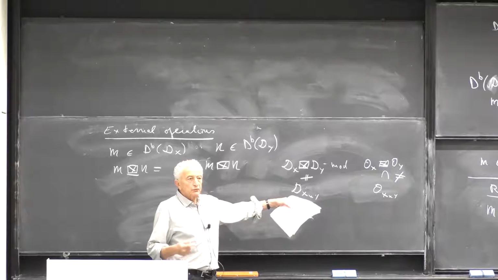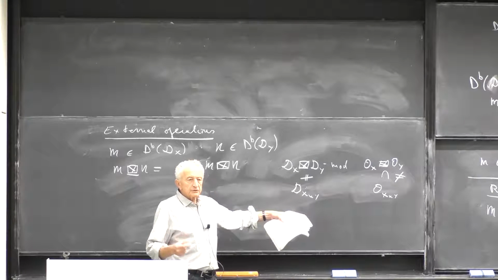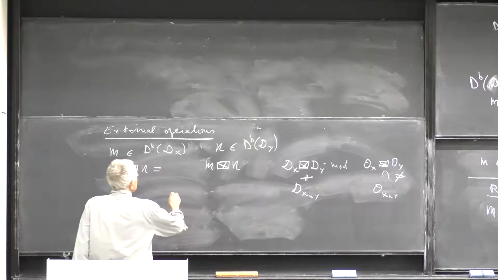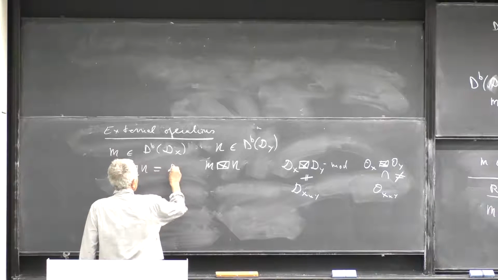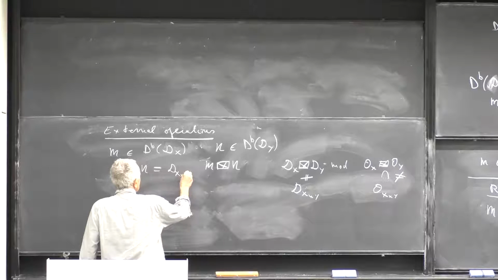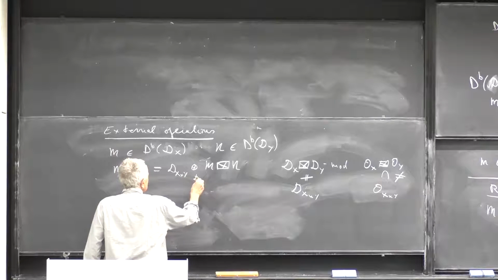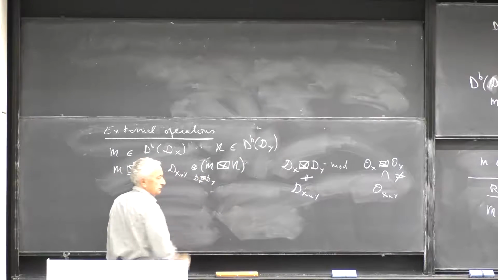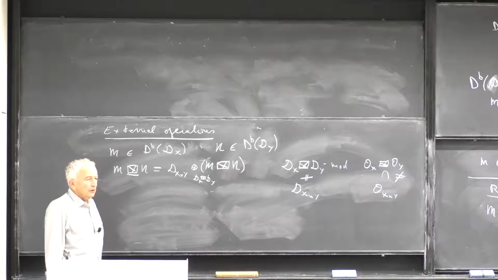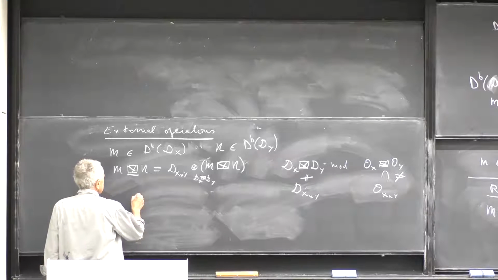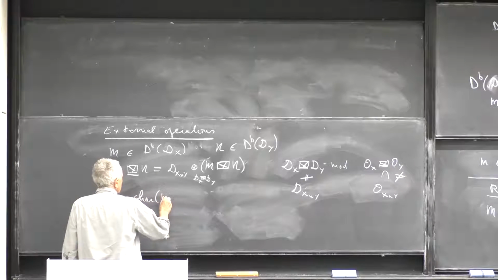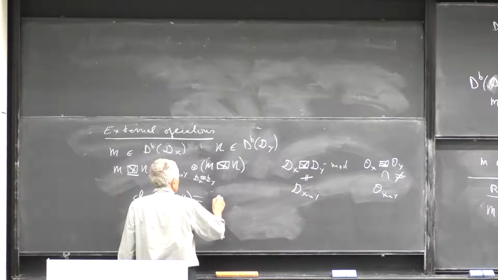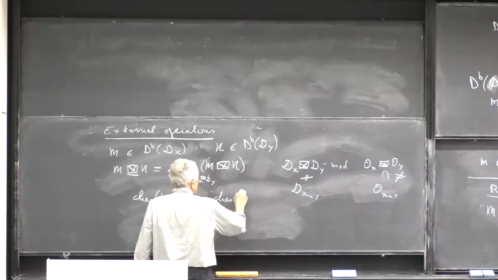An analytic function of two variables is not the tensor product of an analytic function in X and an analytic function in Y. So I have to complete by D_{X cross Y} tensor over D_X external D_Y of this. Okay, that's the external product. And the characteristic variety of the external product, in case they are coherent, is the product of the characteristic varieties.